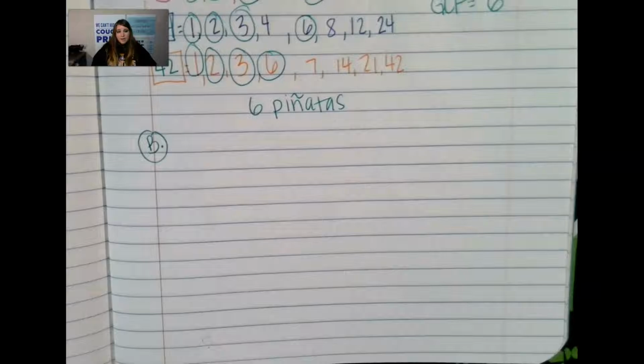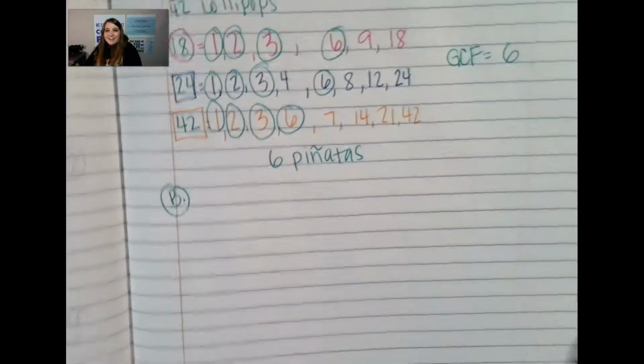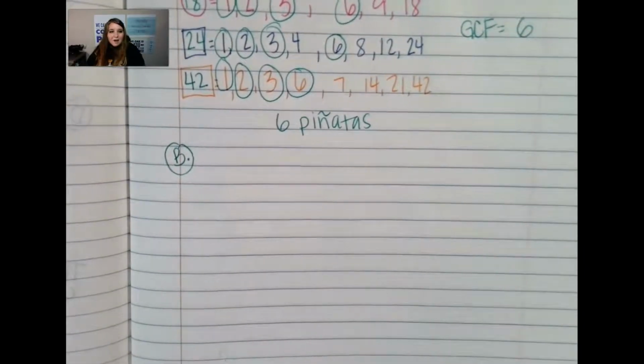Okay, we are having a party still. So many parties in math. Lots to celebrate. Okay, and we are making appetizer platters for the party. There are 16 fruit kebabs, 32 cheese cubes, and 40 meatballs.